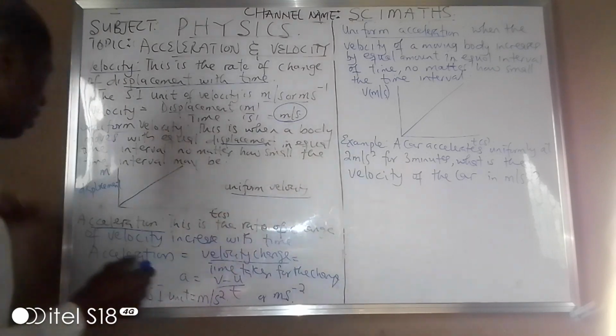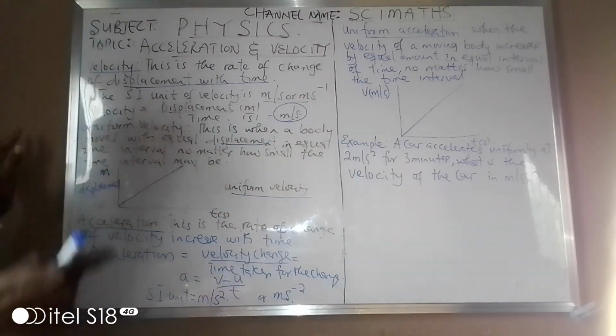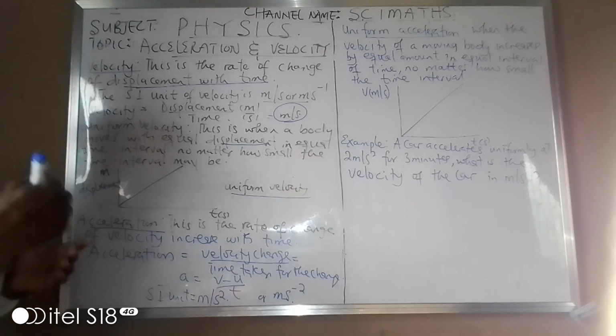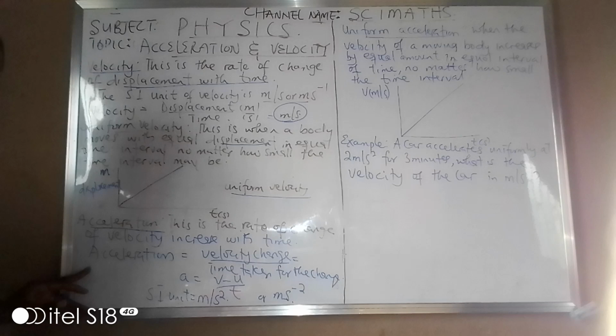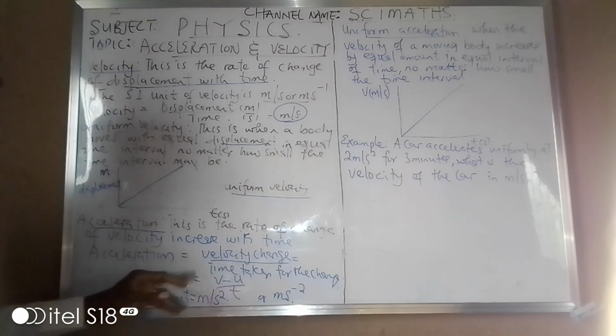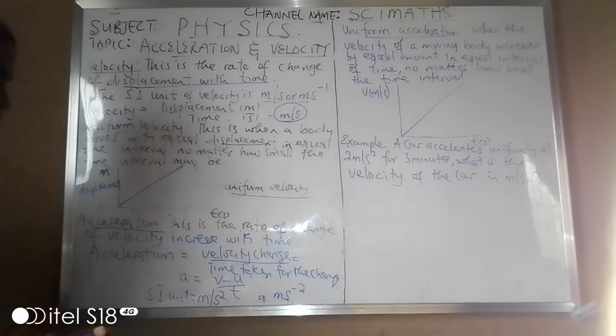Now, having said that, what is acceleration? This is the rate of change of velocity with time. The rate of change of velocity in time is called acceleration. So velocity change over time taken is called acceleration.